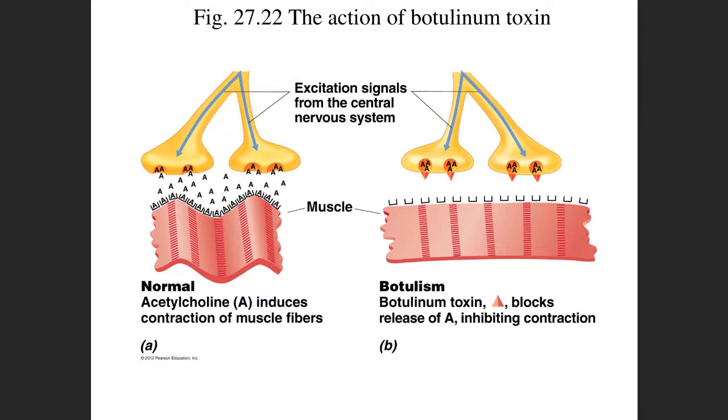So when you have botulinum toxin around, your muscle just keeps relaxing and relaxing and relaxing. This is actually pretty vivid. This is wrinkle. This is no wrinkle, right? And that's what people use it for, and that's probably where you heard of it.